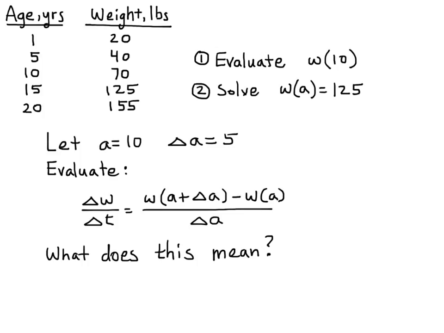If we look at W of A plus delta A, I've already defined A as 10, and delta A is 5, so this is 10 plus 5. The second one is the weight at A, which is 10. So what is this going to mean if I have W at 15 minus W at 10, divided by 5? What would that represent? What did I just calculate?